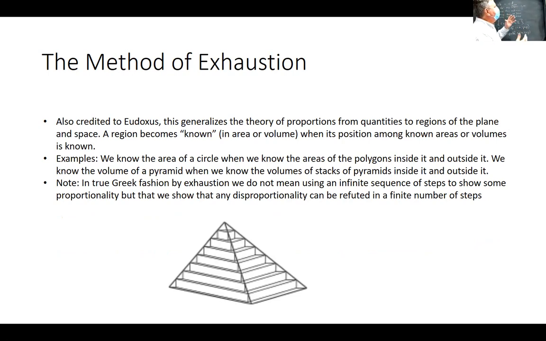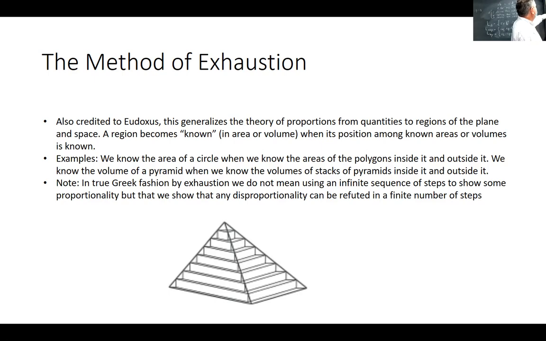And so the idea there is that a region becomes known, and by known I mean we find out its area or its volume, when its position among known areas or volumes is known. And of course, the known areas or volumes are things like polygons for areas and prisms for volumes.